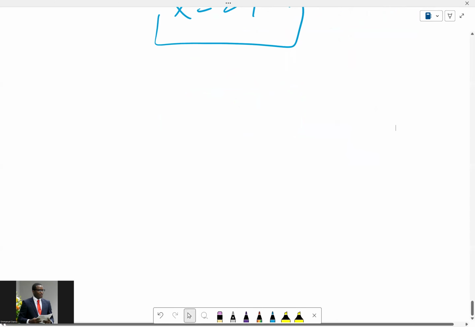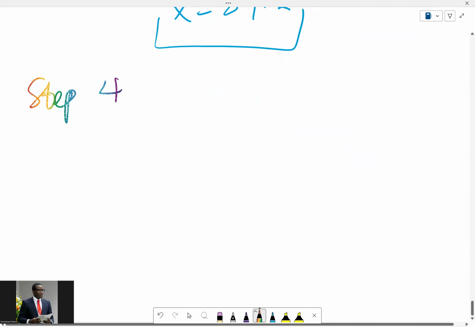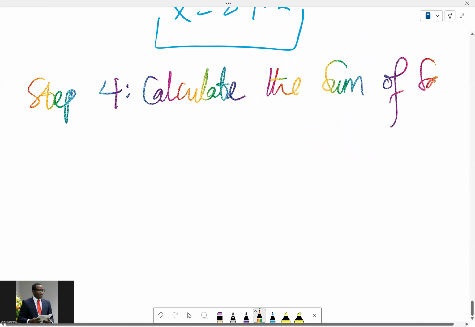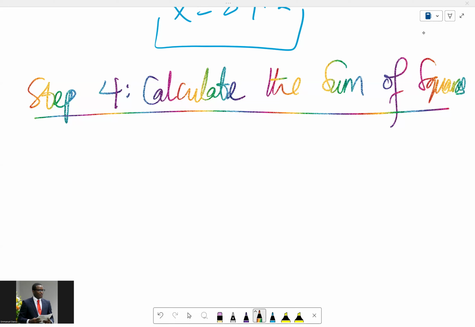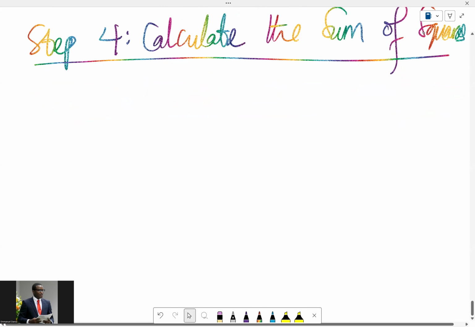For step 4, calculate the sum of squares. Here we are going to have, of course, we already know we are in for serious computations.